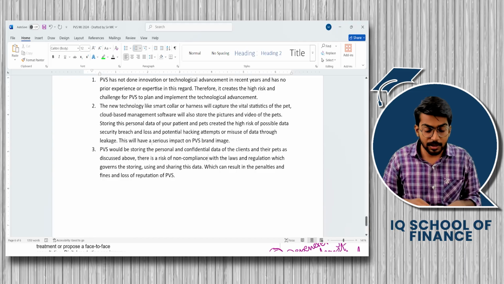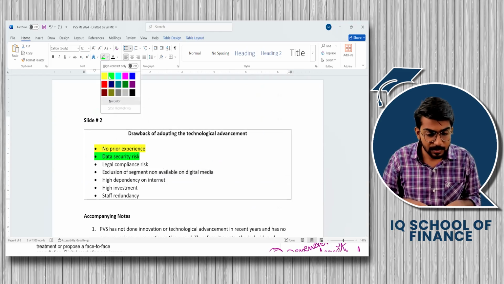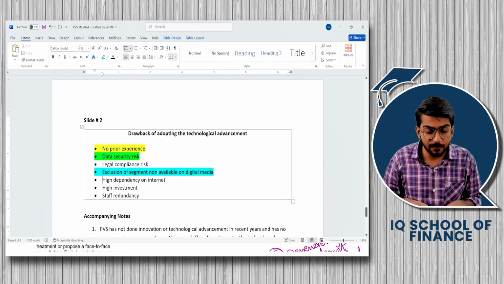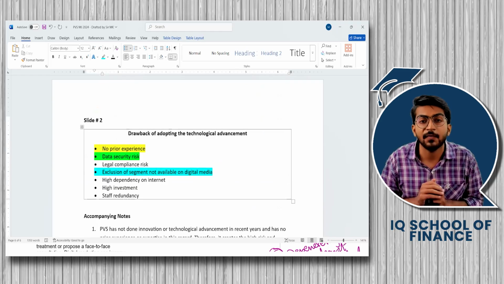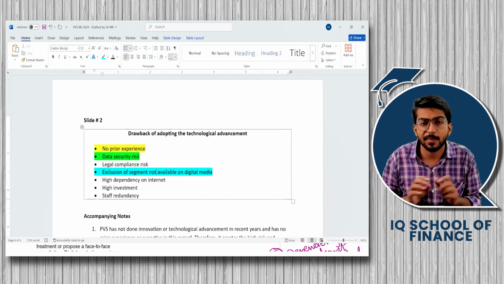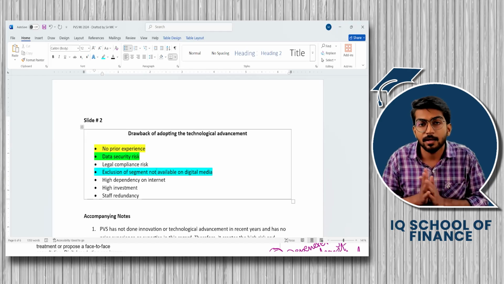Okay. So the other point is exclusion of the segment not available on social media. This point in itself is very explanatory, but I need you to draft in one or two lines a few facts about the age or the nature of the people who are more aged, who do not use the technology.